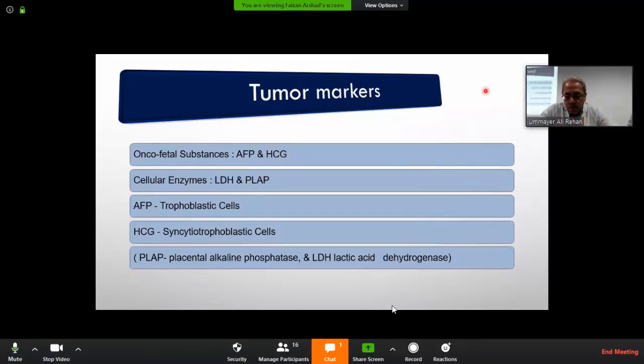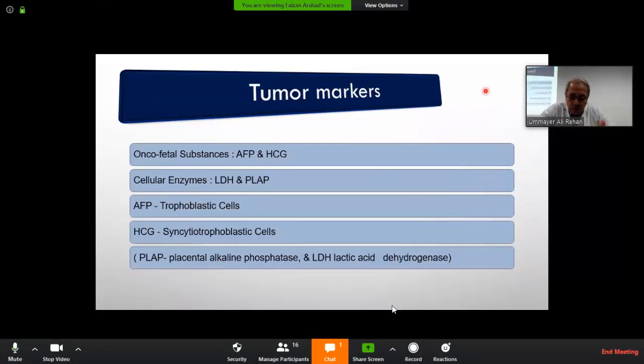Again, for all practical purposes, if somebody comes to you with a scrotal mass and a testicular tumor, you always go about certain imaging techniques. For instance, the most important is ultrasound. I'm just repeating and summarizing the whole topic. And then you do tumor markers.